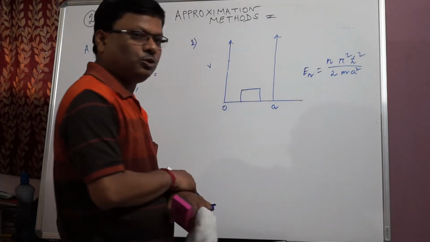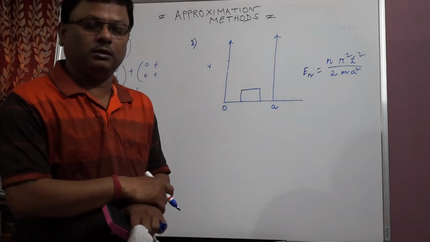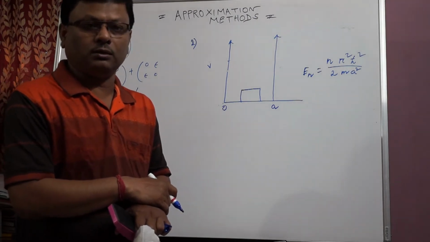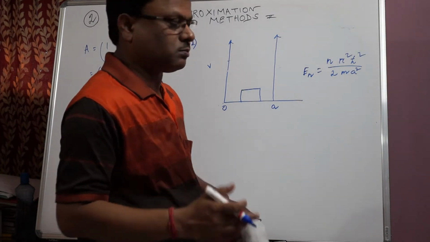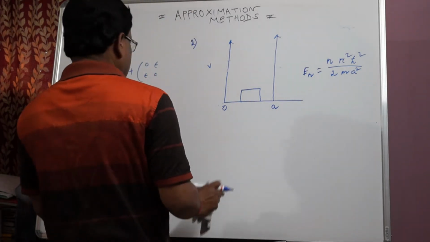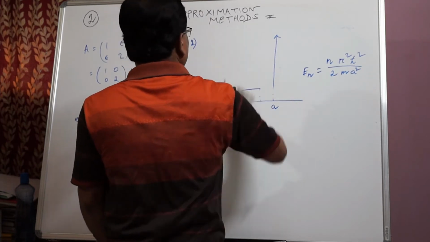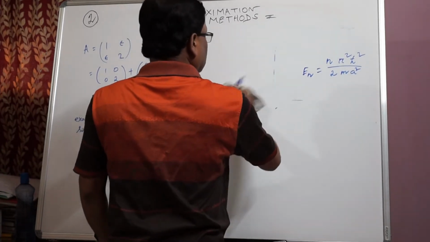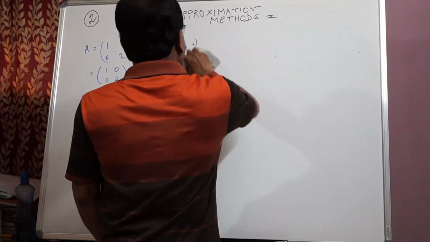Similarly, for the hydrogen atom, we know its eigenvalues, but if the hydrogen atom is placed in an electric field, then we apply the perturbation method if the electric field is sufficiently small. Similarly, take another example.